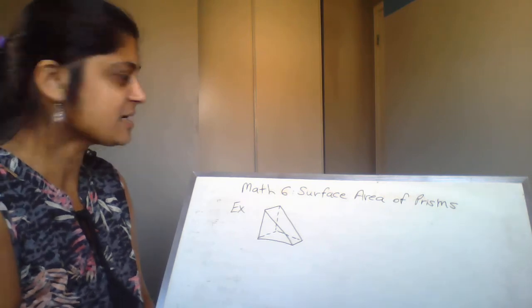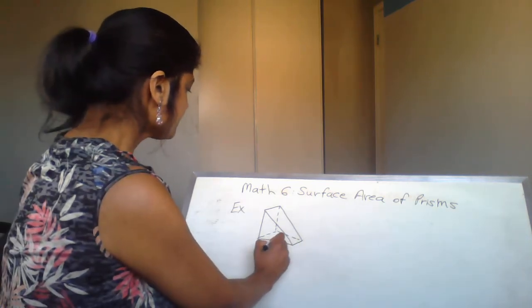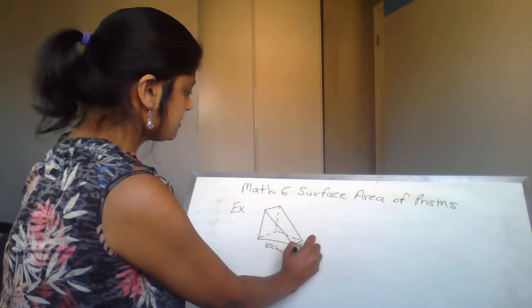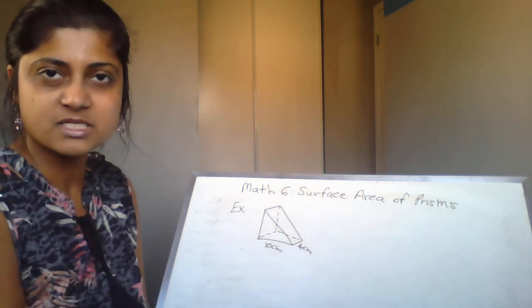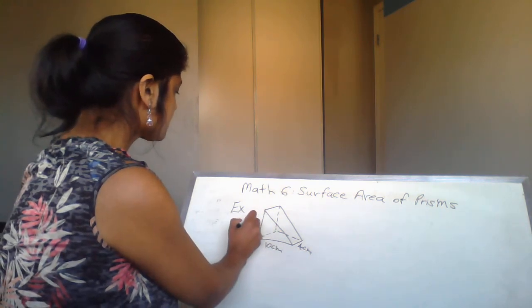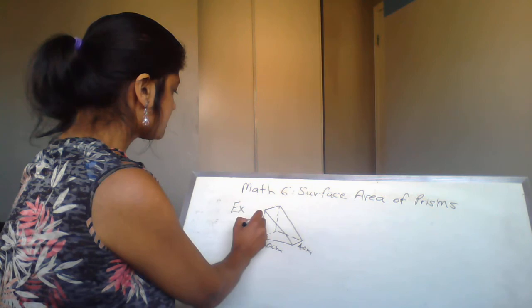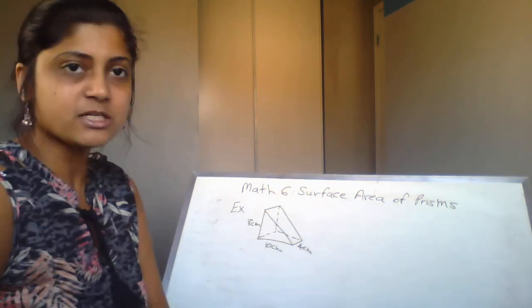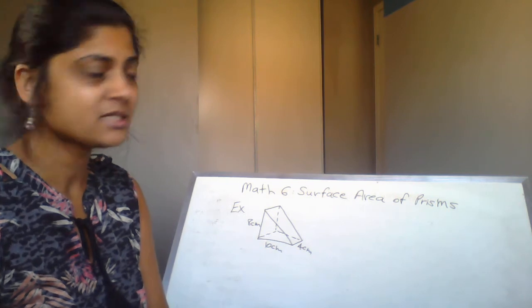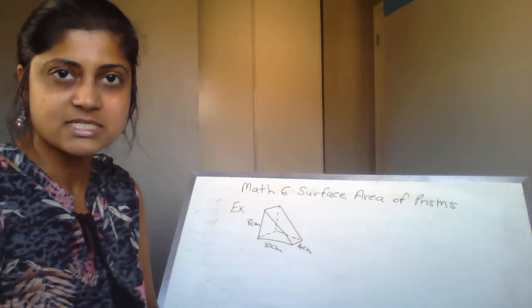I'm going to give you some dimensions here. Let's do something simple. So 10 centimeters, and the small width is 4 centimeters, and this side is going to be 8 centimeters. I'm going to give you enough information that you can solve it, because this is at the grade 6 level.